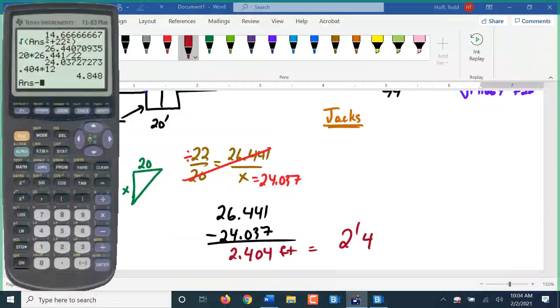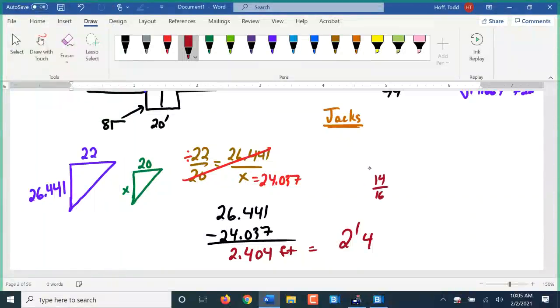We're going to subtract the 4 whole inches. We got the 0.808. Oops. Let's type in 0.848 here. And we're going to do times 16, gives us 13.5. So that's 14/16ths, which reduces to 7/8 of an inch. So 2'4" and 7/8.